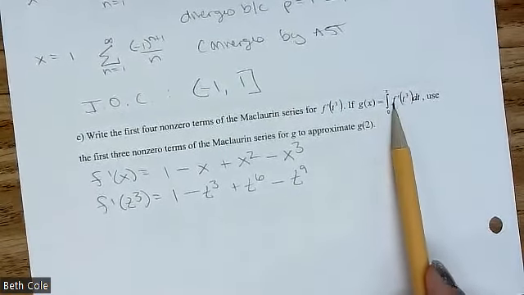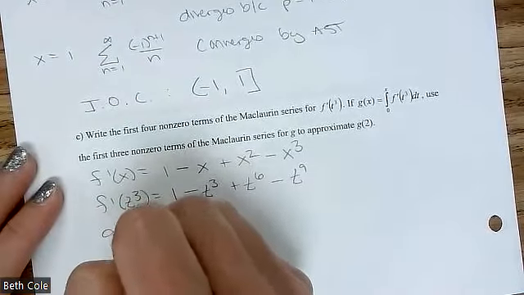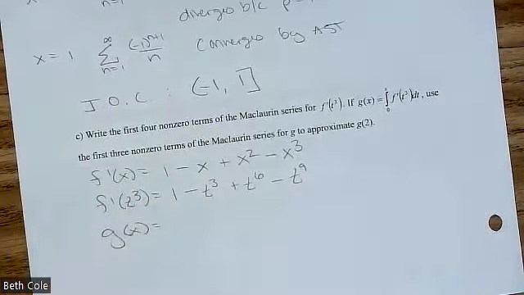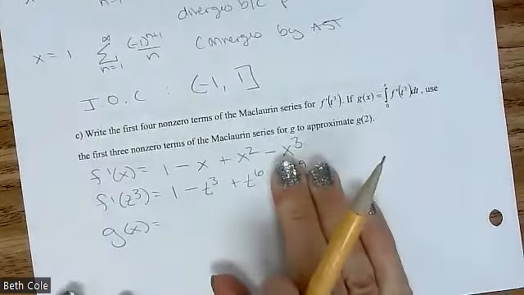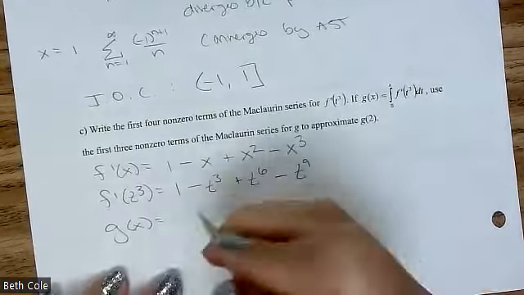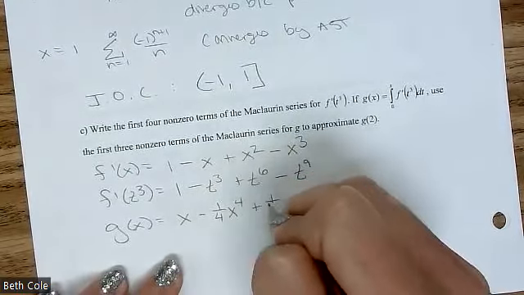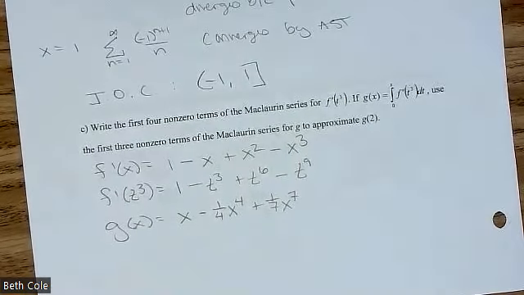So g is given by the integral of that, so we're going to do the antiderivative of what we just found. And I think this one just says the first three non-zero terms, so you can kind of ignore that minus t to the ninth. We're going to just do the antiderivative of this. So that would be x minus 1/4 x to the fourth plus 1/7 x to the seventh.